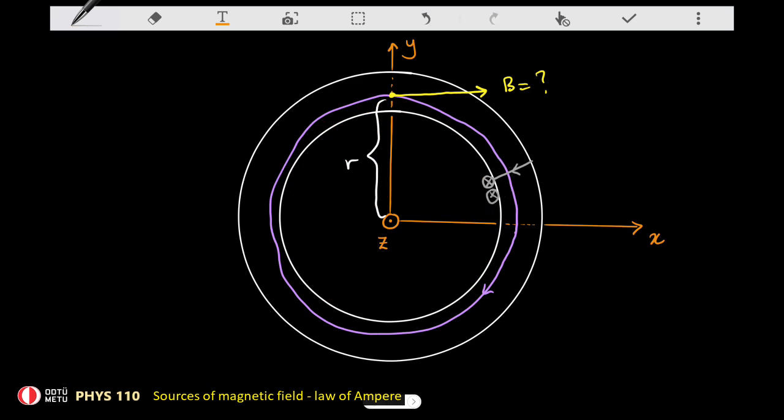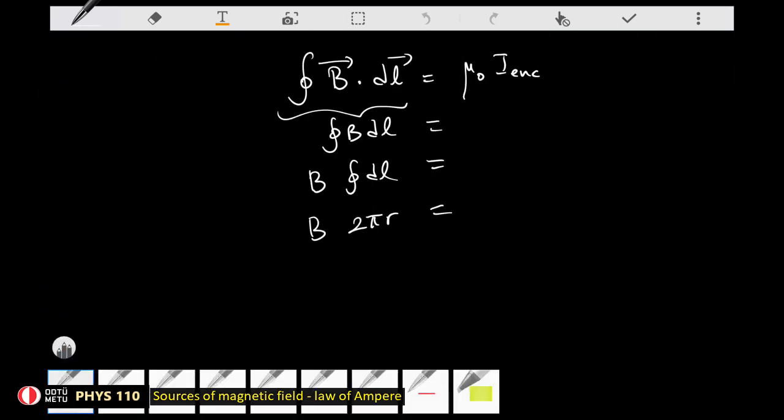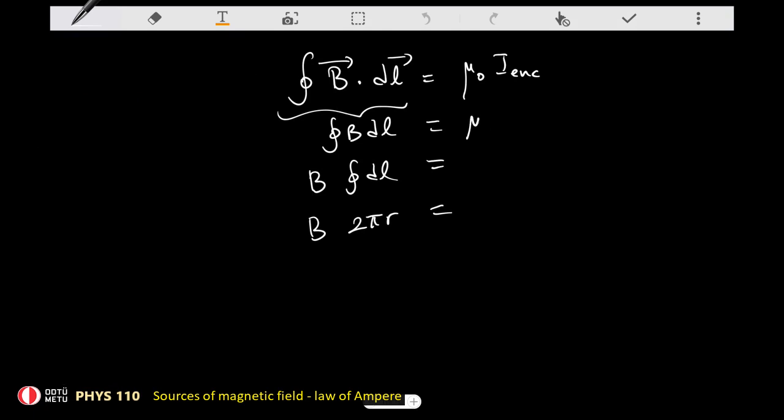They are all crossing the surface in the positive direction, the downward direction. Since each one of them is carrying a current I, the total current is the number of turns multiplied with I. So the enclosed current is the total number of turns times I, with a positive sign in front, obviously.